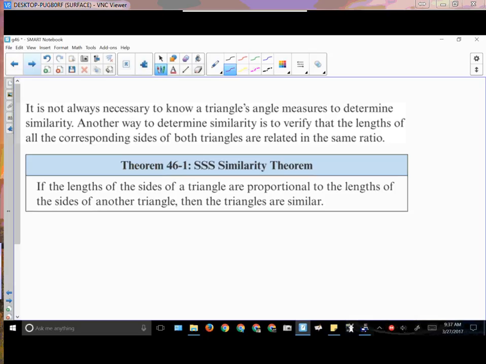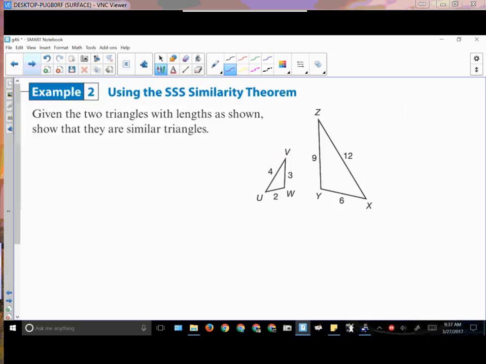This is the idea that we're looking at. Getting closer to something or getting further away from something. So, I've got two triangles here. Now, when we get closer to something and we get further away from something, the shape doesn't change, does it?